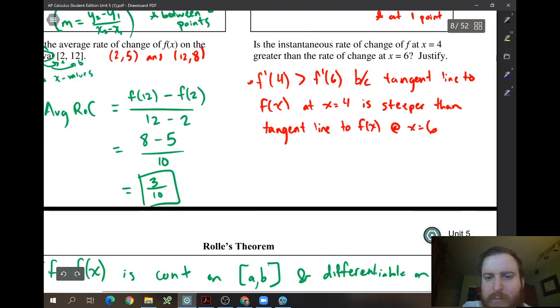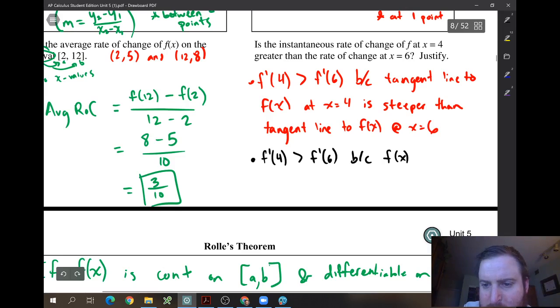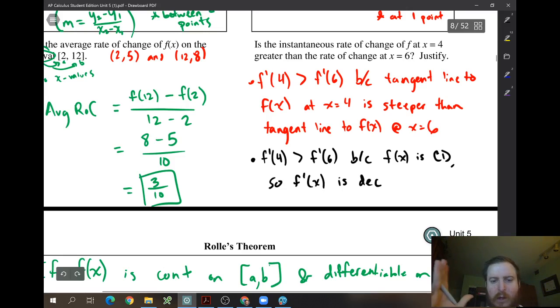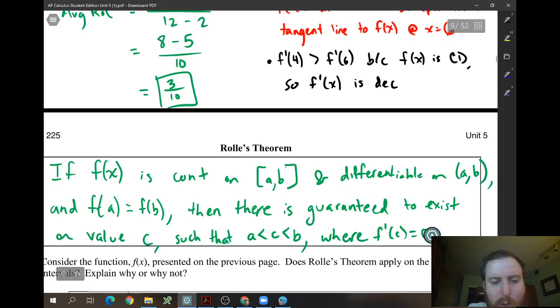Another way of saying this is that f prime of 4 has to be greater than f prime of 6 because f of x is concave down, so f prime of x is decreasing. If we know it's decreasing, then as we move from left to right, our derivative will get smaller and smaller. So either one of those two explanations would work.